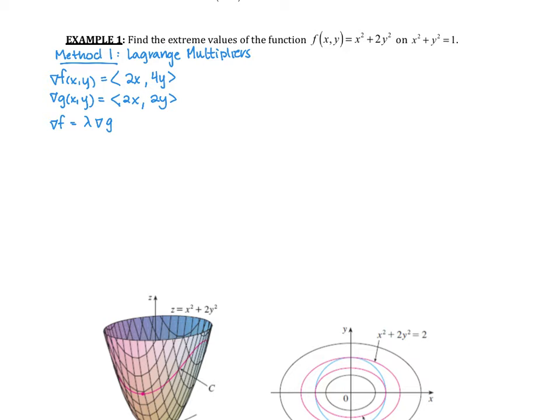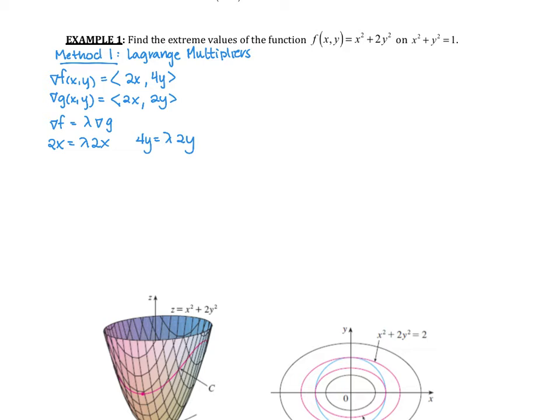So my first equation would be 2x has to equal lambda times 2x. The next equation, using that same idea, is that 4y needs to equal lambda times 2y. That's what the definition of the Lagrange multiplier says. That's the method that we're using.